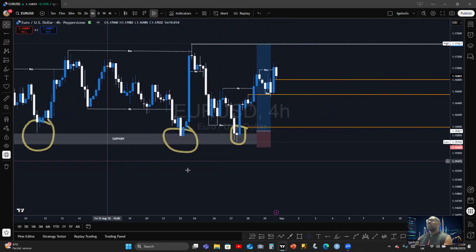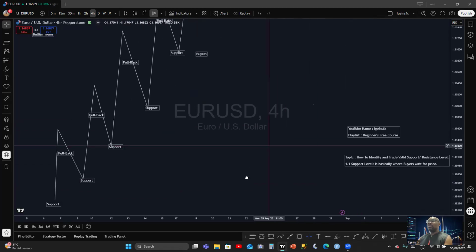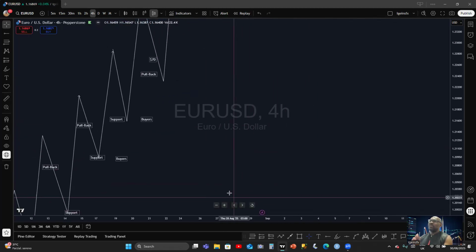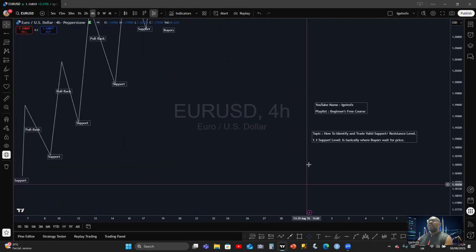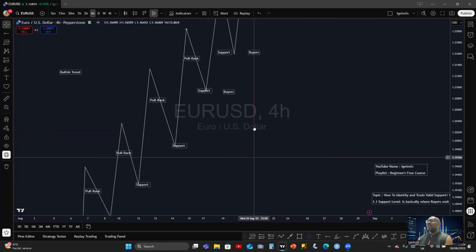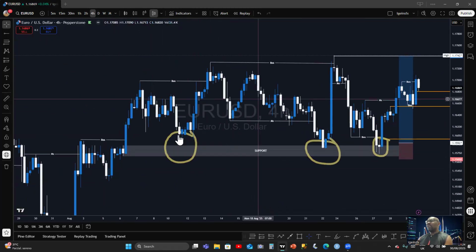So the next thing we are going to talk about now is resistance. We've been talking about support, right? We have dealt with that. I've showed you the diagram, and on the chart I've already showed you.